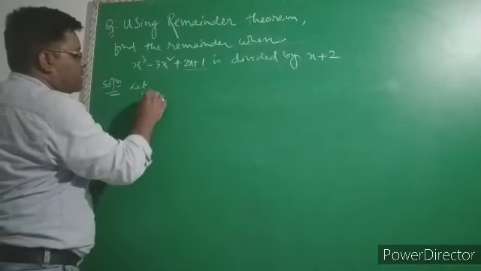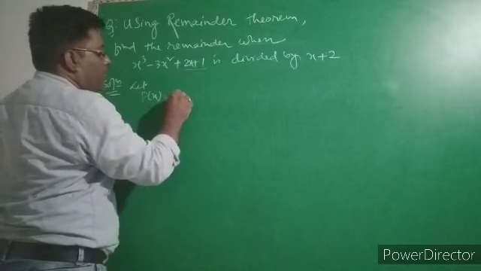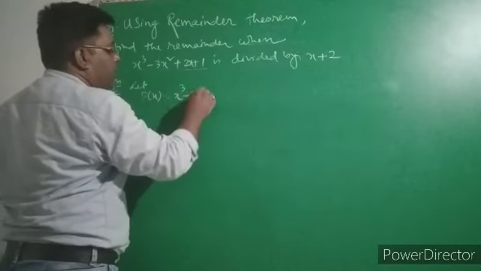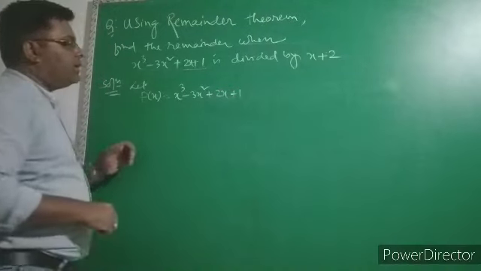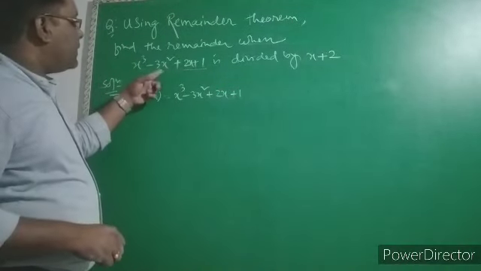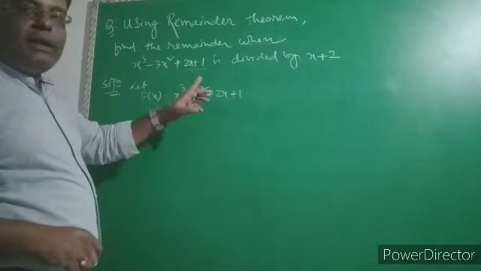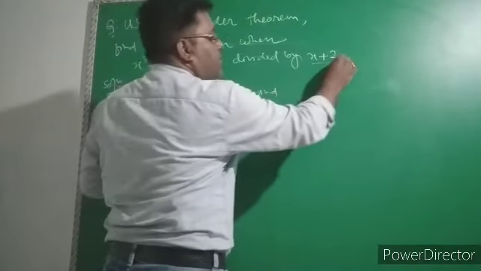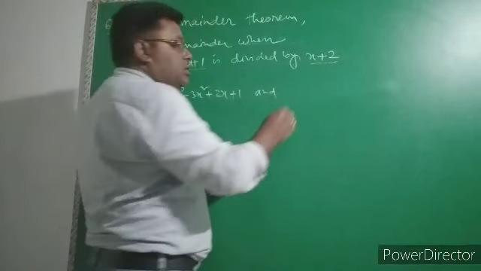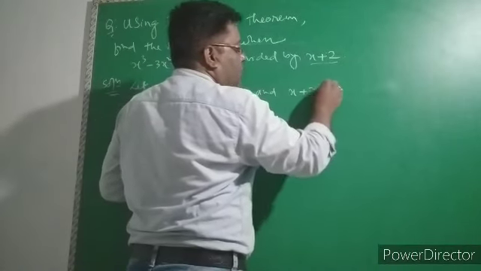Let p(x) be equal to x cube minus 3x square plus 2x plus 1. We have to write x cube minus 3x square plus 2x plus 1, and for this divisor x plus 2, we have to write x plus 2 equal to 0.